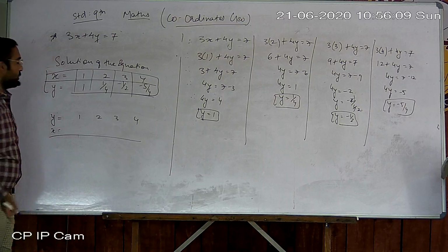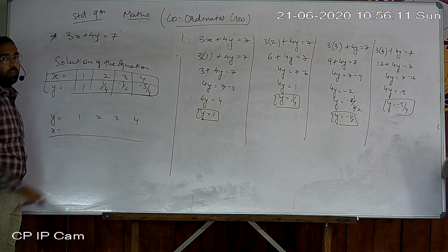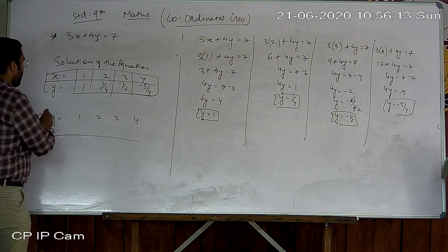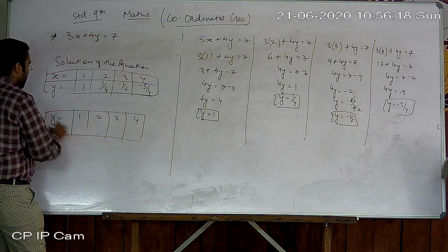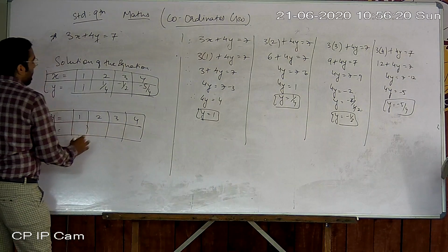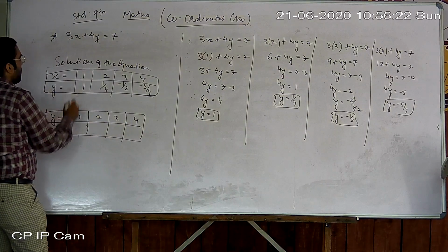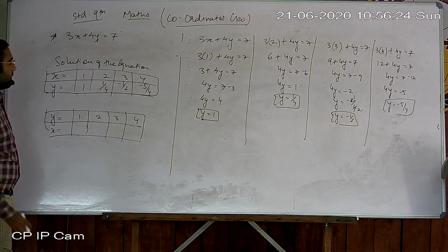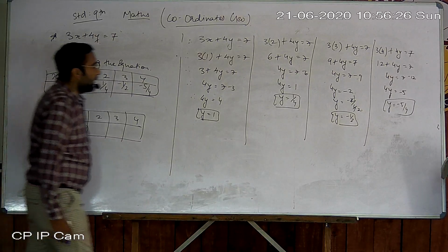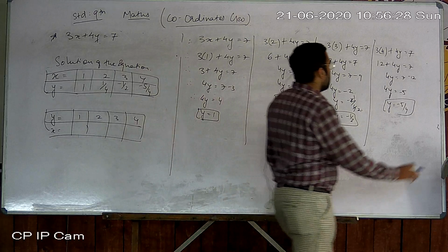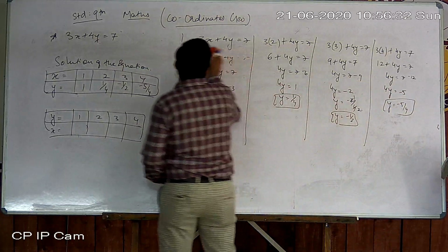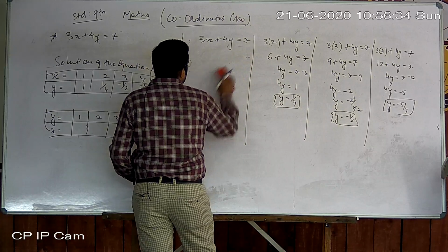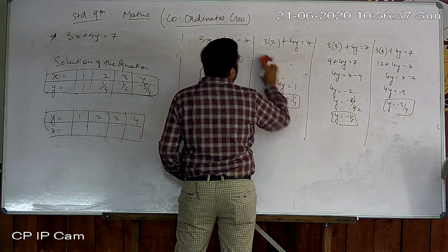If you want to choose y, and put the value of y in the equation as 1, 2, 3, 4, then you also find different kinds of values of x. Okay, I'll take the values of y.